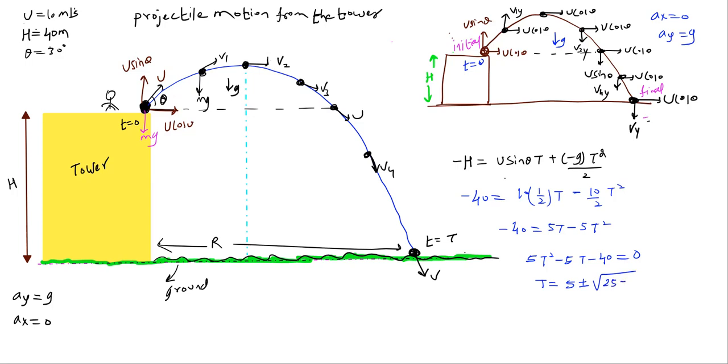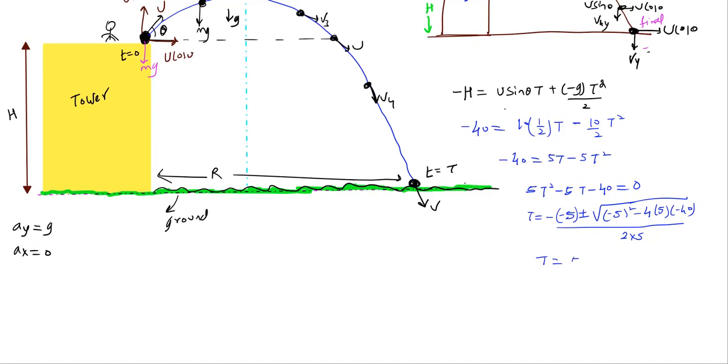25 minus 4ac, so this will be plus 4 into, I'll write down all the things. Some of you are getting confusion. Sir, why? Minus 4 is 5, this is 40. Divided by 2a, 2 into 5.